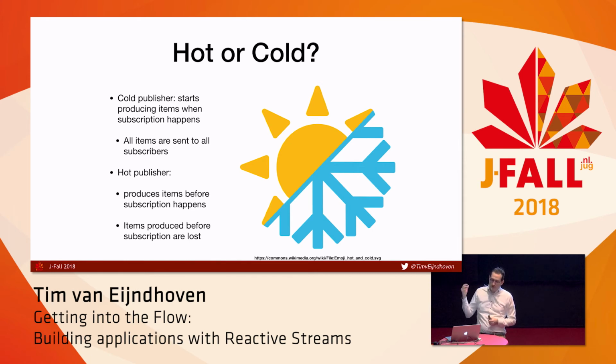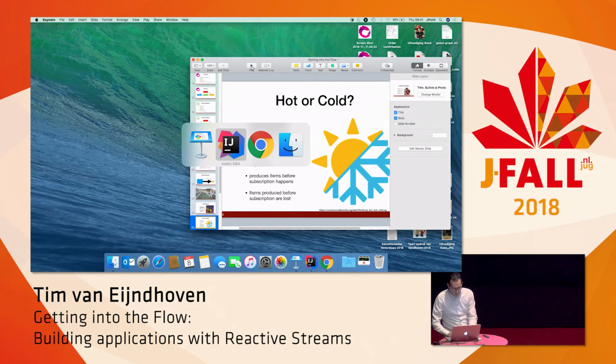So whenever a subscription happens, it will send data to that subscriber from beginning to end. And whenever you resubscribe, so you subscribe another one, it will again receive from the beginning until the end. And a hot publisher is one that actually receives events or produces events, and it does not buffer them or whatever. So you only receive the events that are being generated after you subscribe to it, and all the events that were generated before that time are lost to you, so you won't see them. So an example of this.